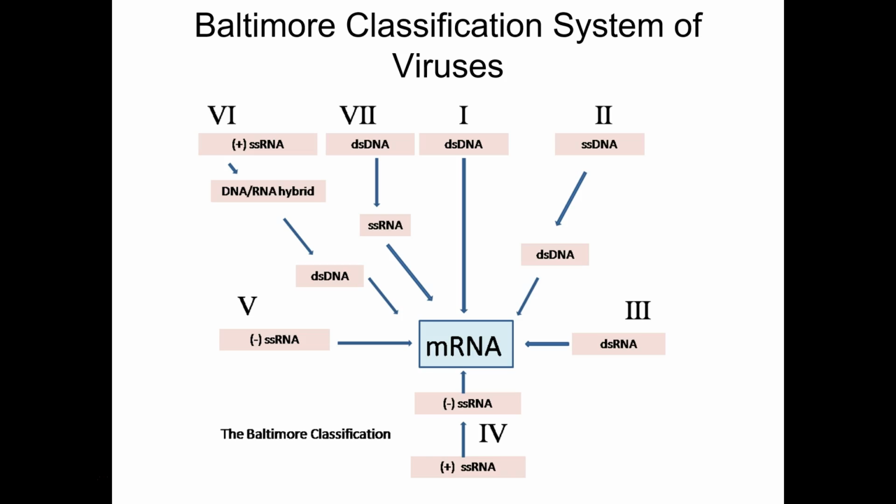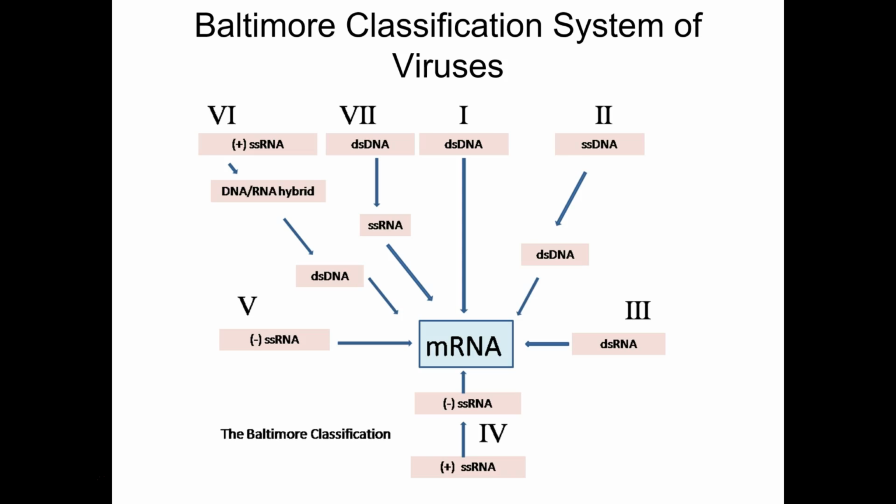You just transcribe the genes into mRNA. We get that. But what about a minus-sense single-stranded RNA virus? It's already RNA. You don't have to transcribe anything. These guys are actually mRNA ready to go. So imagine there's no DNA involved. It is mRNA that's just ready to be translated immediately.